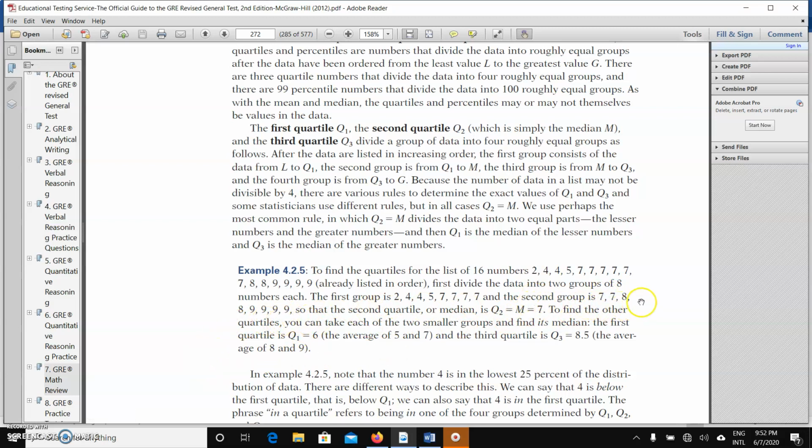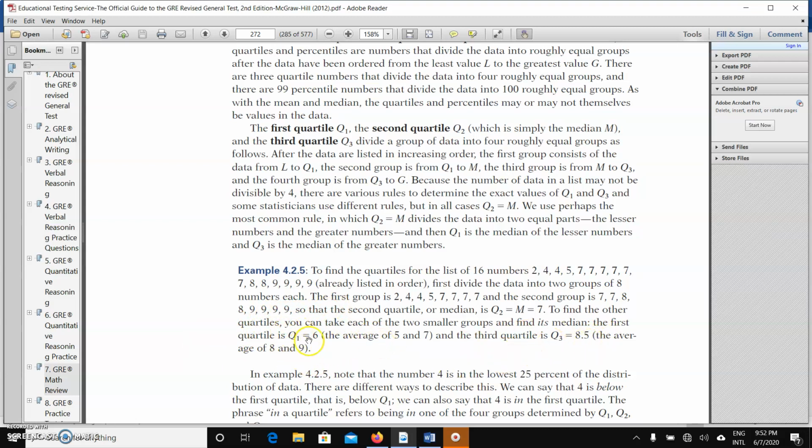The total number is 8, so counting 1, 2, 3, 4, the fourth and the fifth will be in the middle, right? That will be 8 and 9. When you add the two together, 8 plus 9 divided by 2, Q3 is 8.5. Please just listen to what I'm saying. I know it's technical. So that will be your Q3.